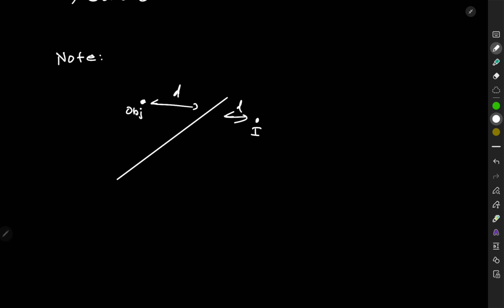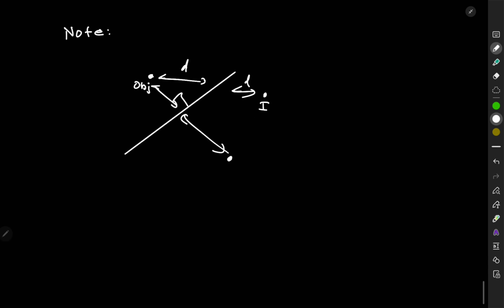But that's an absolutely wrong statement; the image will be formed here, perpendicular always. What do I mean by always? Let's say a case where the mirror is like this, the object is here, and as you can see, there is no mirror here. This is free space, the mirror is only here.